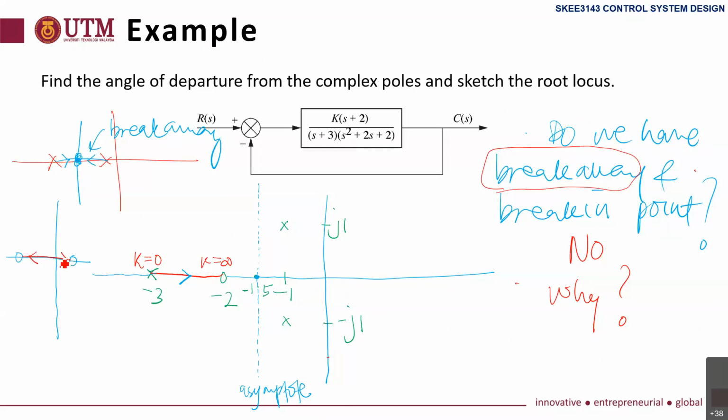But it comes from somewhere else, from poles. Maybe a pole here, this is just an example. It goes here, it goes here. They must be symmetric. This is not symmetric. So it must be like this, and this is called the break-in point.